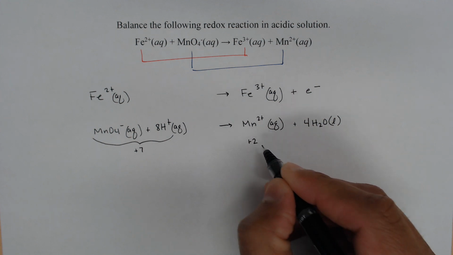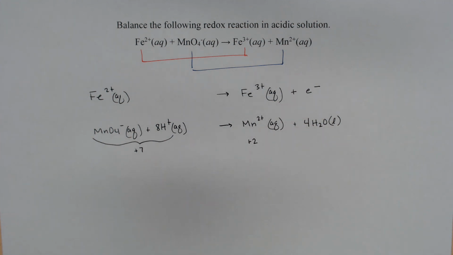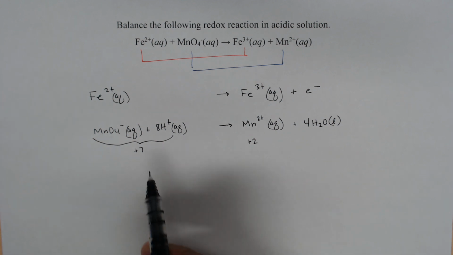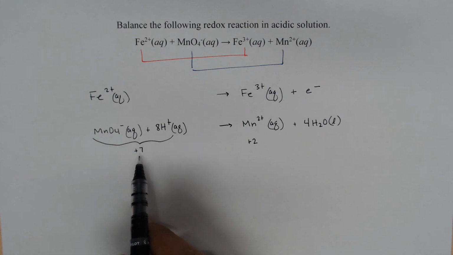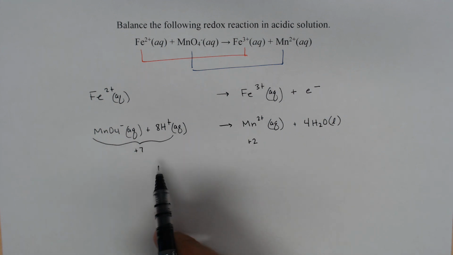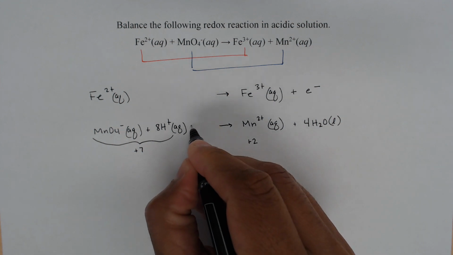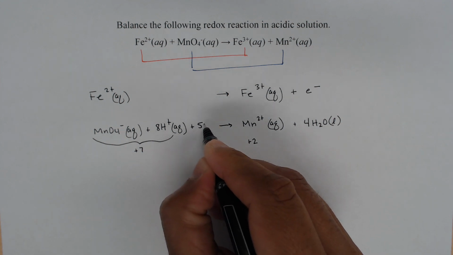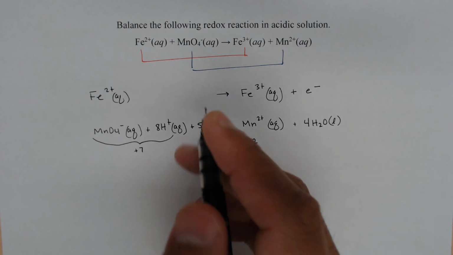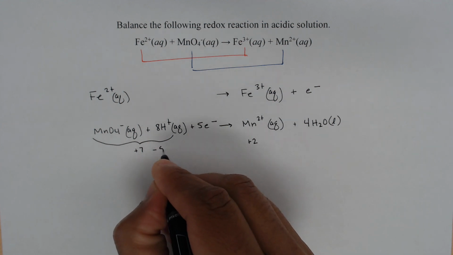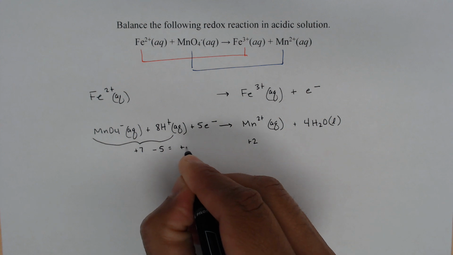So of course this is a plus 2. If we want the charges to balance, we need to add electrons to the higher charge and bring that higher charge down to a plus 2 to get them to balance. So of course here we'll add 5 moles of electrons. Plus 7 minus 5 negative charges, of course, gives us our plus 2.